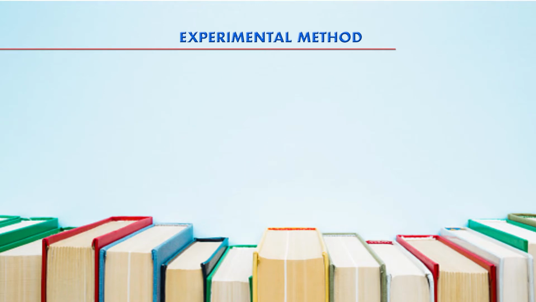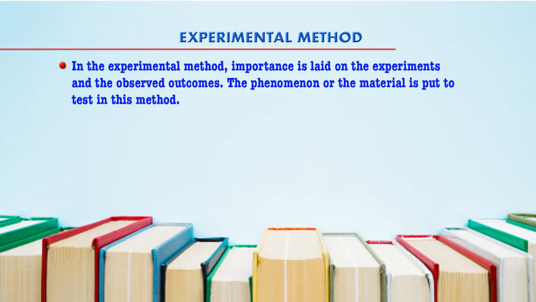Now let us see the other method, which is the experimental method. As the word itself says, it is definitely a very systematic way of doing things, right? In the experimental method, importance is laid on the experiments and the observed outcomes.